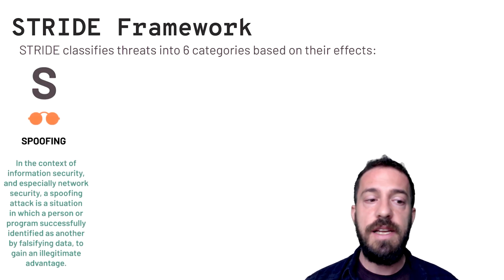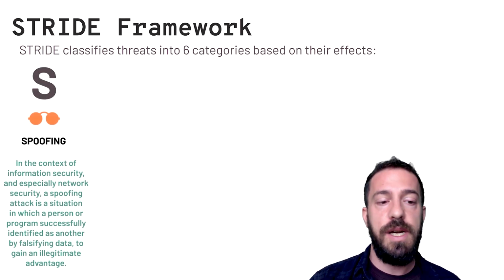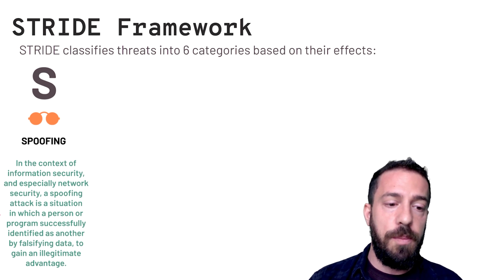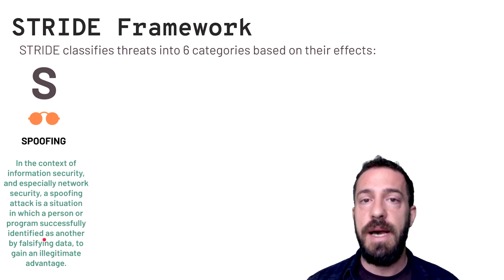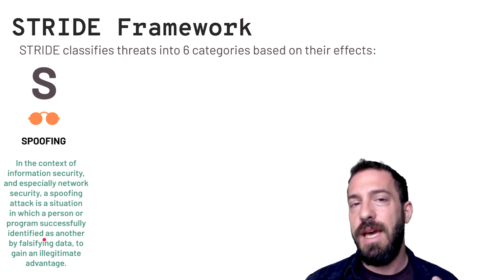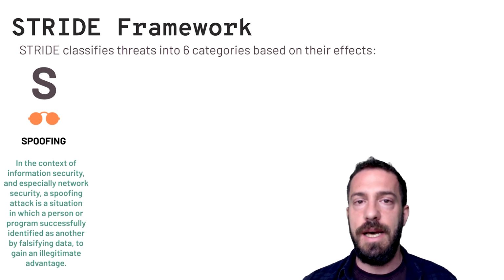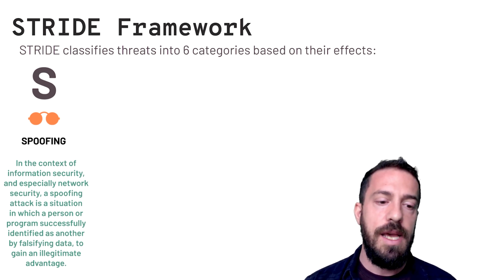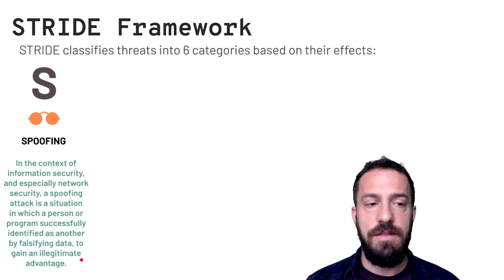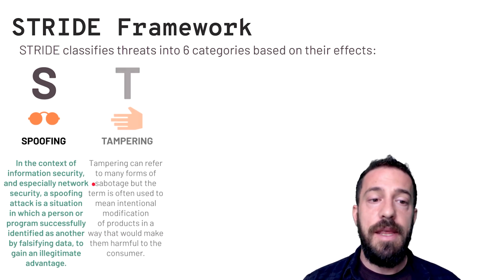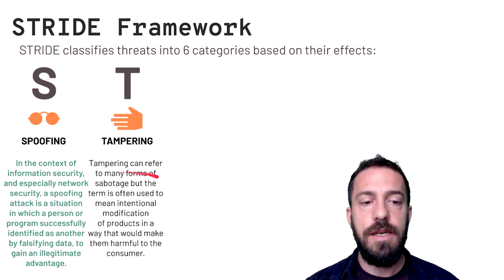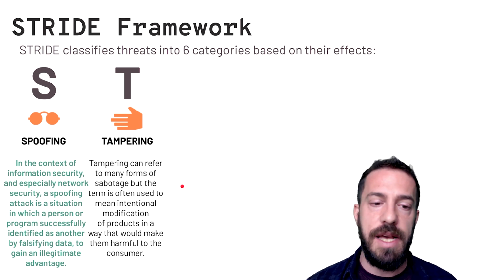Quickly going through the effects, the first one is spoofing, where a person or a program successfully identifies as another by falsifying data. So you may be doing admin impersonation, or you change the data as it moves around the network, and that gives you some kind of legitimate advantage. The T stands for tampering. Tampering is sabotaging.